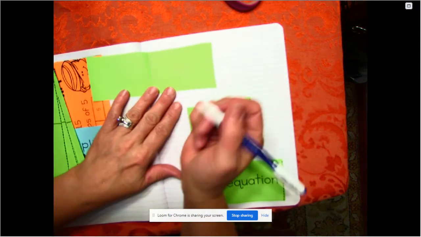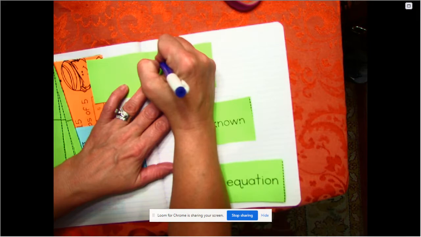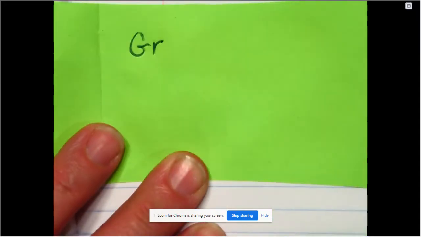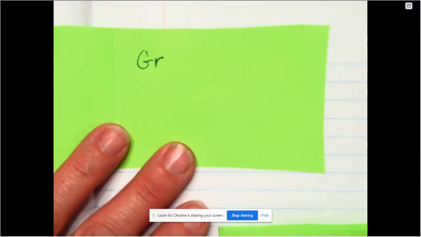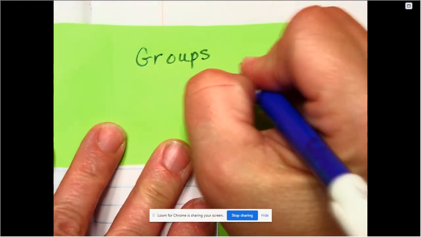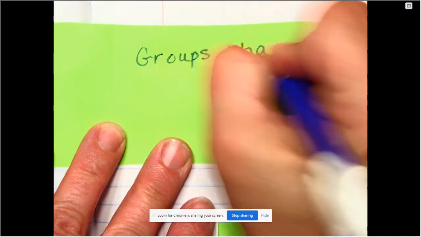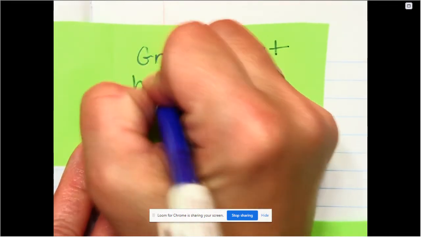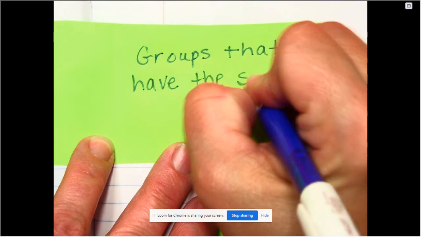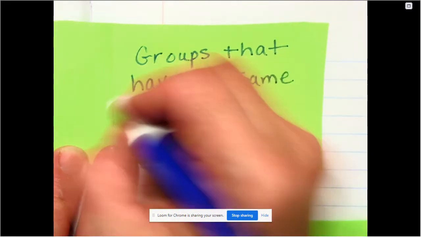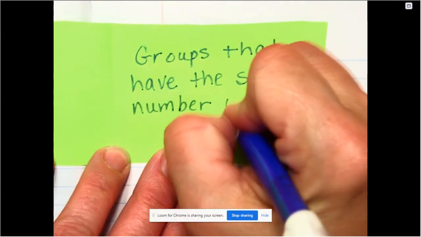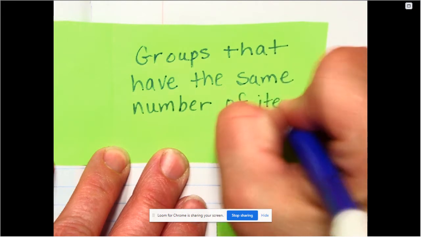I'm going to open that one up, and we're going to write: groups that have the same number of items.